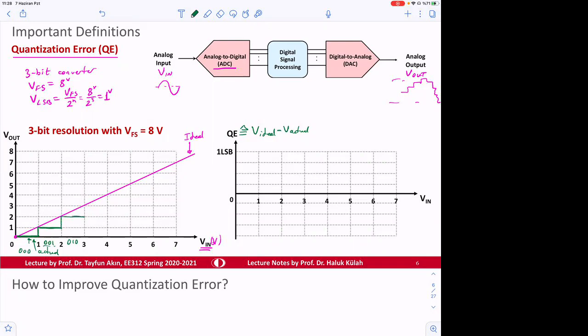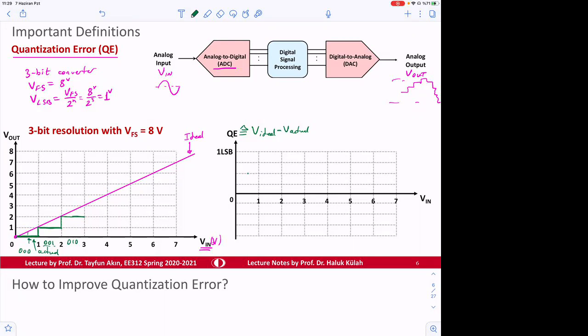Okay, so in here, if the input was, let's say, 0.5 volt, then the mistake in the quantization is going to be 0.5 volt. So basically, we can write that amount, 0.5 volt, is half of the LSB.